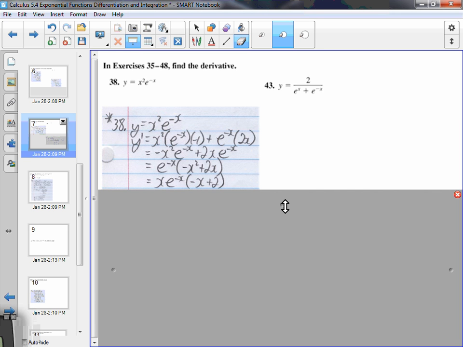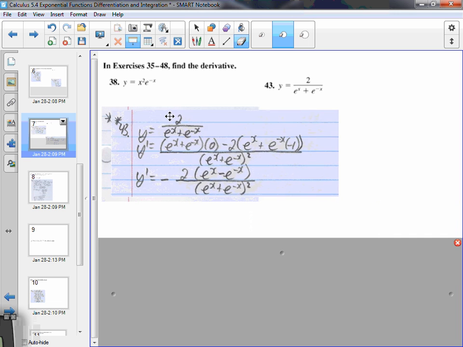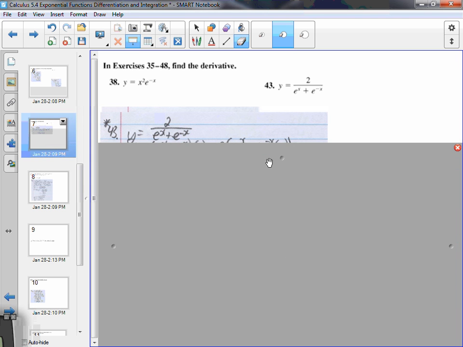Quotient rule, right? All right, y equals 2 over e to the x plus e to the negative x. Well, let's quotient rule this thing.